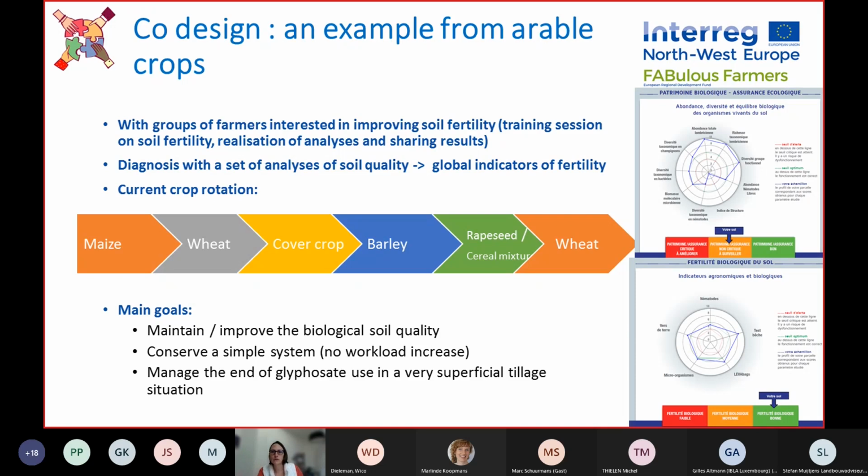His indicators were quite high, so it was mainly to maintain biological soil quality. Also to conserve a simple system with no workload increase. It was very important for him. We also had the question of the end of glyphosate use in very superficial tillage situations.